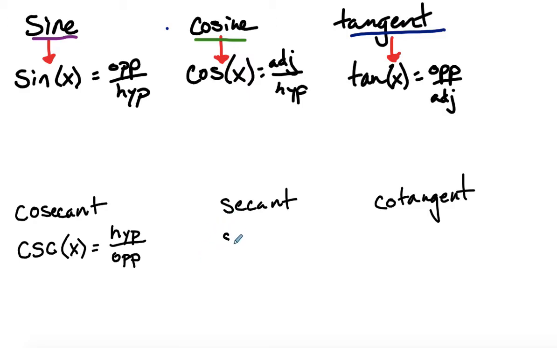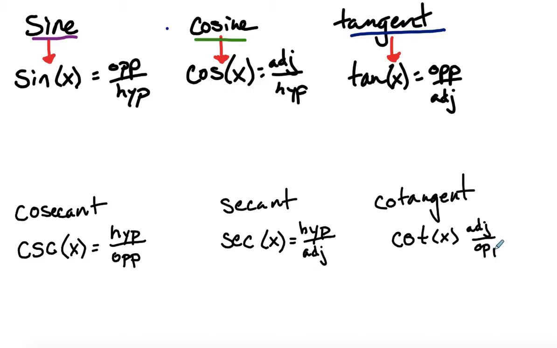Secant, which we would write as SEC, would be hypotenuse over adjacent. And cotangent would be COT, and it would be adjacent over opposite. Now you may have noticed that I have written these in a kind of a specific way.